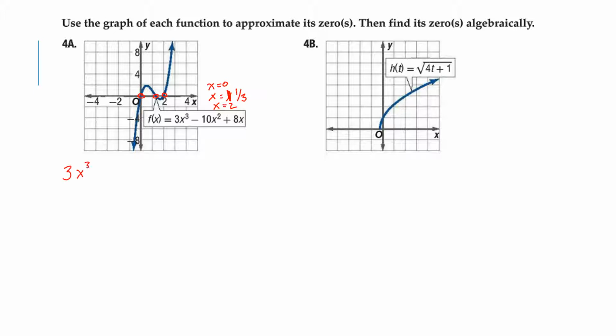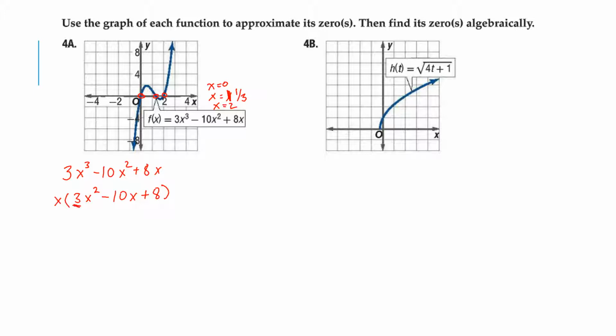3x cubed minus 10x squared plus 8x. Well, from all of these, I see I can factor out an x. So I'm going to take the x out. 3x squared minus 10x plus 8. Well, this is a perfect time to show you how to factor using the AC method.